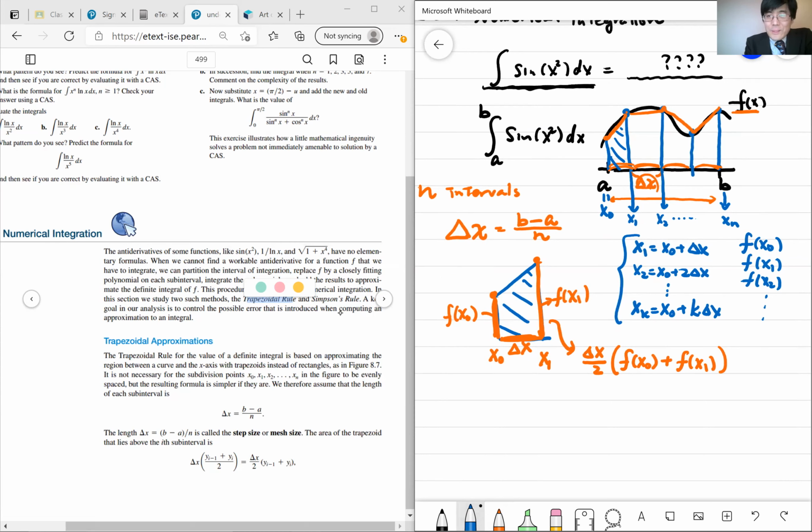If you do the same thing for the second trapezoid, it's almost identical, same height divided by 2, but now the upper base is f of x1 and the lower base is f of x2.